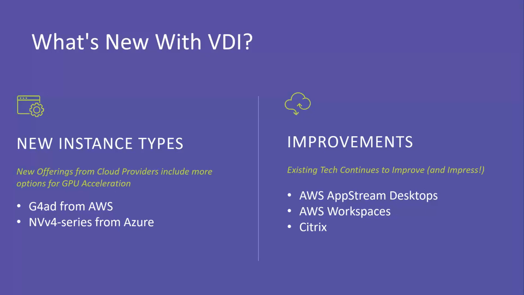Appstream is one that has come a really long way in particular. You used to just get these individual applications that would stream to you through a browser. Now you have the ability to use a full Windows desktop, right? And it's all purely on demand. So you are literally paying for just the exact amount of time that you're using it. It's very, very, very cost effective.